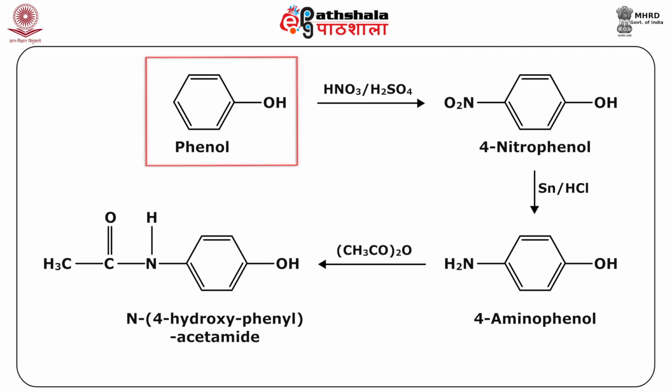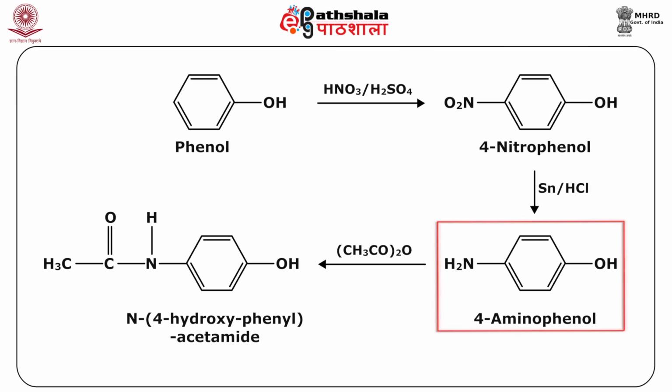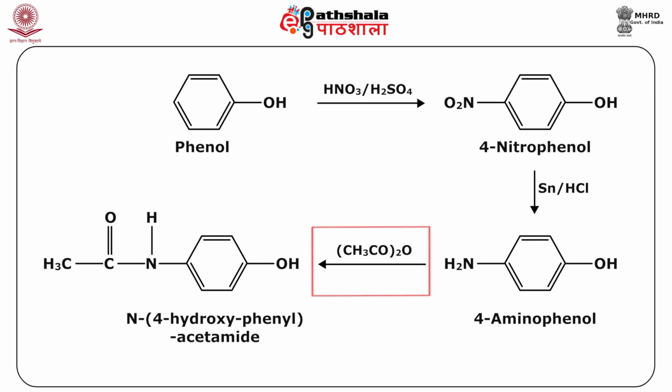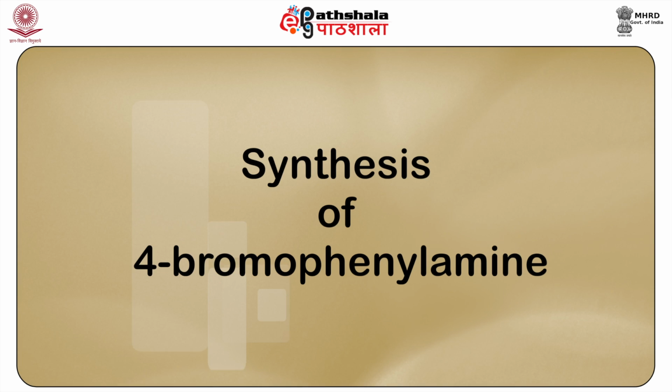Firstly, phenol on nitration using nitrating mixture, which is HNO3 and H2SO4, forms 4-nitrophenol. 4-nitrophenol is reduced in the second step to 4-aminophenol using Sn/HCl as a reducing agent. 4-aminophenol is acetylated in step 3 using acetic anhydride and forms N,4-hydroxyphenylacetamide.